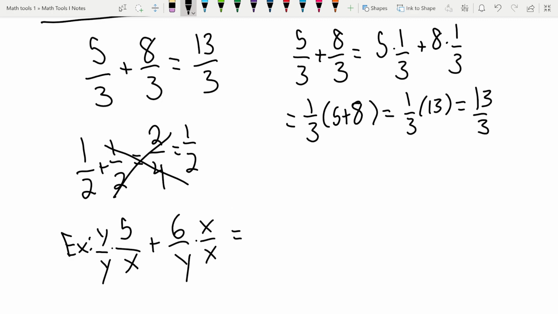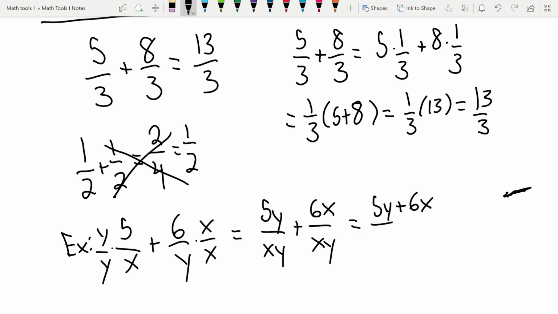So we're not actually changing the numbers here. So this is going to be 5y over xy plus 6x over xy. And now they have a common denominator, so we can add them together. 5y plus 6x over xy. Okay.